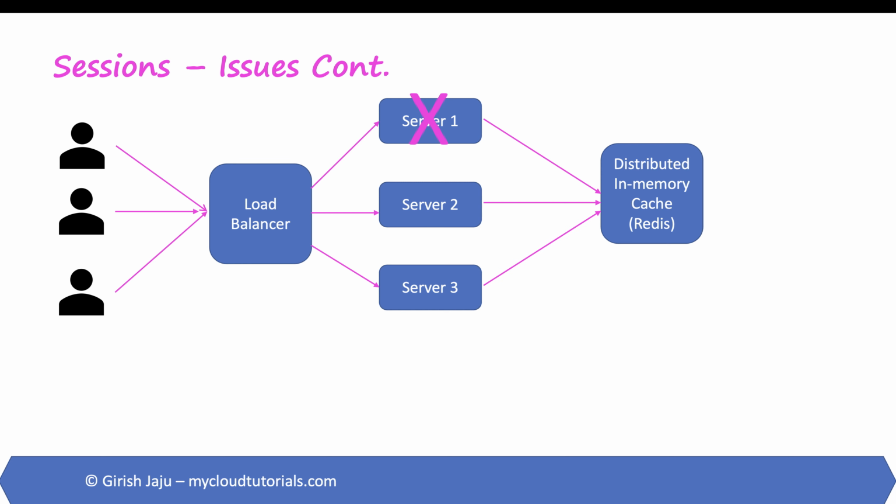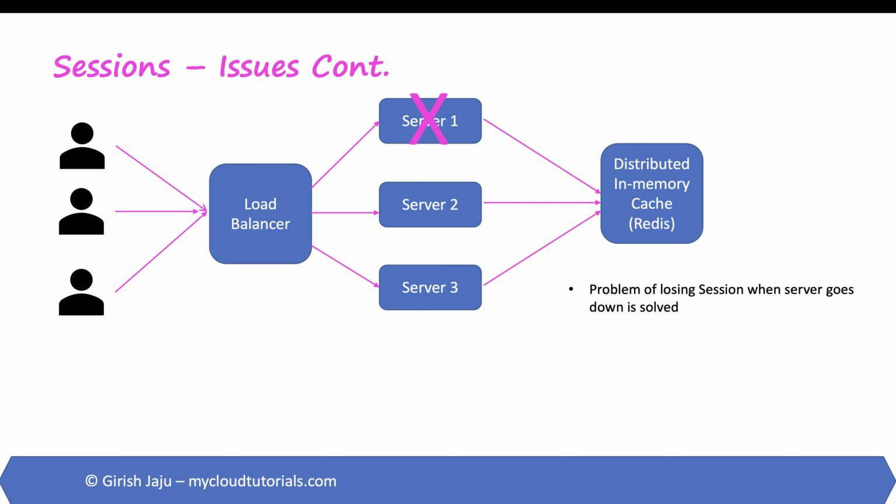Now, even if server 1 goes down and user's request is directed to server 2, server 2 still has access to the user's session data, which is stored in in-memory cache. So any server can serve that user's request. Much improved architecture than before.